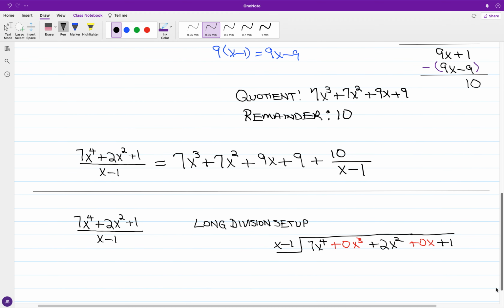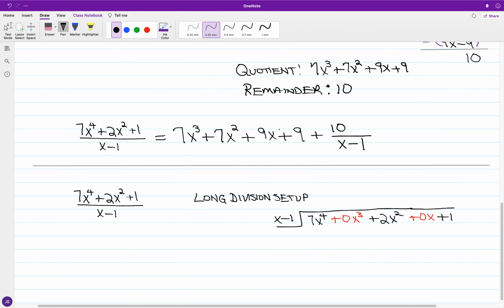Now, if I were to use synthetic division, you've got your divisor x minus 1, and if I take the 0 of the divisor, I would have x equal to 1.